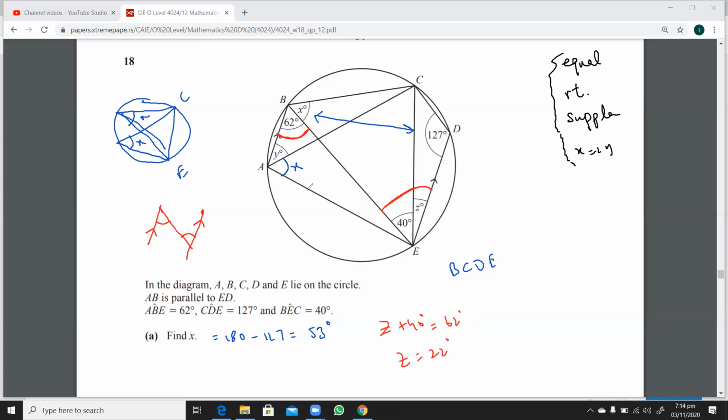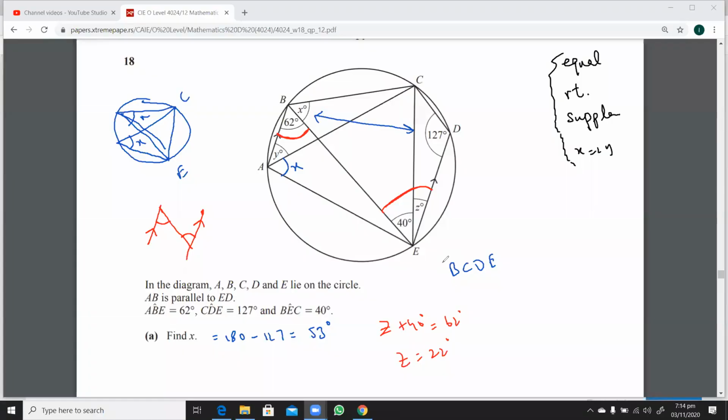Then I am left with this angle y. It says AB is parallel to ED, and I have to find the angle y. Let's see.